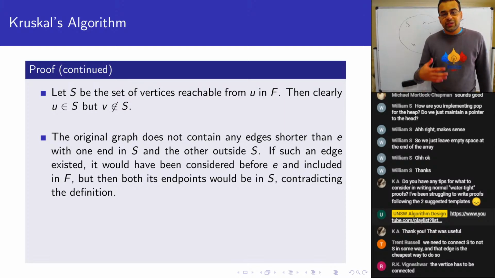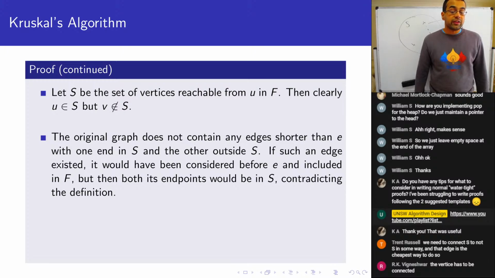Of course, if such an edge existed, then it would have been considered earlier in my sorted order because I did it by increasing order of weight. And at that point, when we considered that edge, it would have the same property of joining two vertices that aren't previously connected. So that means that that edge would have been chosen, and that would cause V and U to both be in set S. In other words, V would be reachable from U, and that contradicts what we've established before.